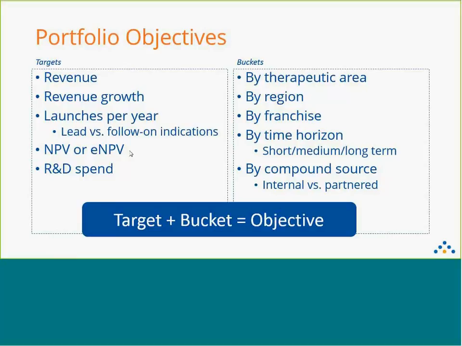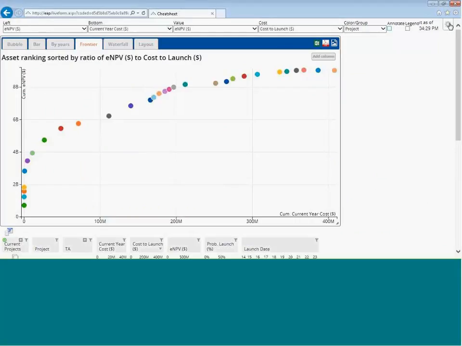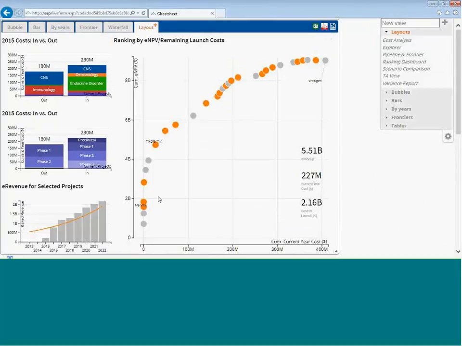But you begin to need to think about what are the specific balance metrics that represent the right amount of spend in each of our therapeutic areas, the right amount of revenue growth across a series of franchises, and what are the specific trade-offs between short-term and medium-term growth. And for that, we have the ability to look at multiple different dimensions.